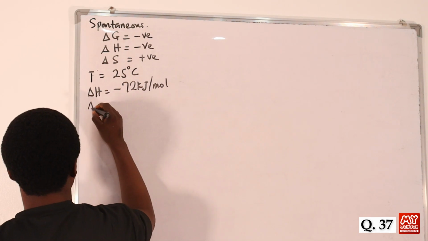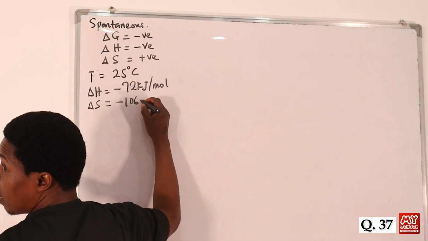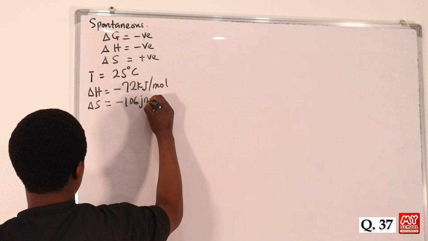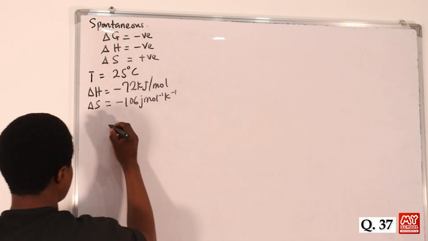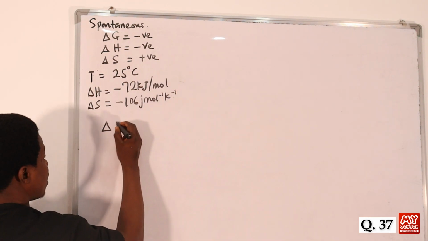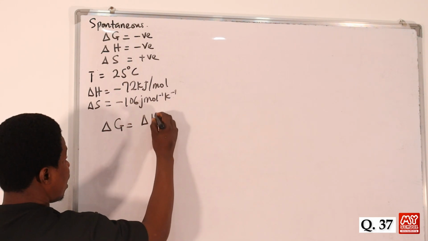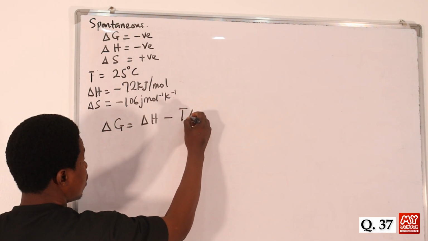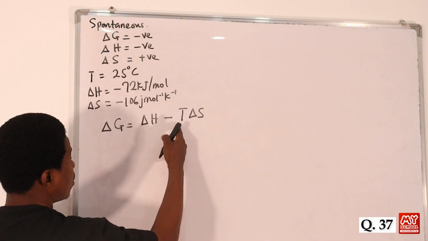Then we're given that delta S is equal to negative 106 joules per mole per Kelvin. Usually we know there's a relationship between them, that delta G is equal to delta H minus T delta S.